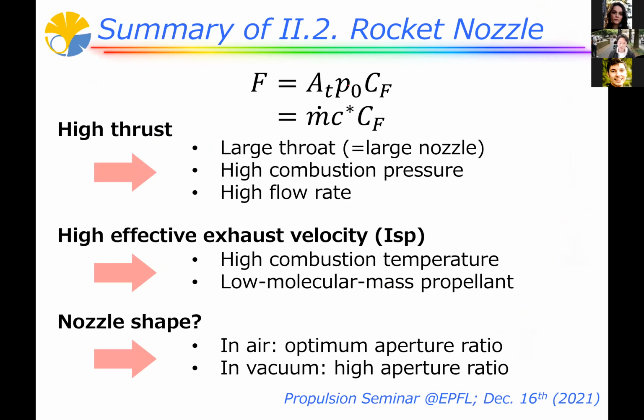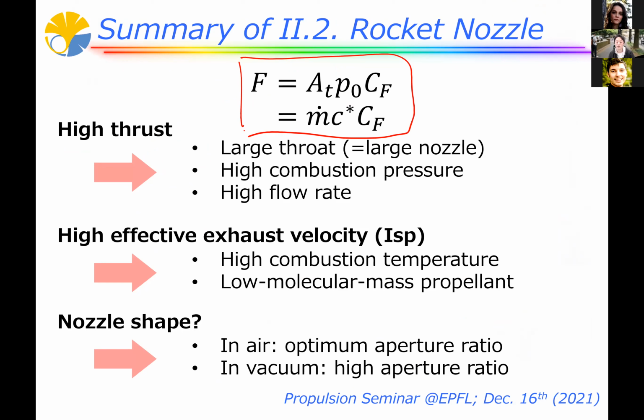Okay, so this slide summarizes my talk about chapter 2, the rocket nozzle. I think the most important relation is this simple relation. Thrust has two kinds of expressions, A_t P_0 C_F or m-dot c-star C_F.